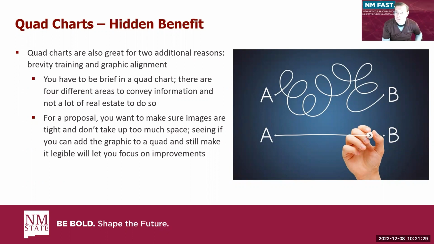Because when you send this off for review, you don't get to have that conversation. You don't get to go, well, do you understand the graphic? Let me explain this. It's in a vacuum. You send it off and you hope that they got it. Validate that. Have a conversation with somebody, say, well, I put this graphic in there. Did you get it? And they go, yeah, I understood it, or I had no idea what you were trying to say. Need to do some work on that graphic then.